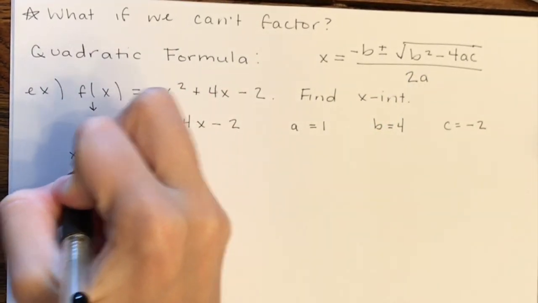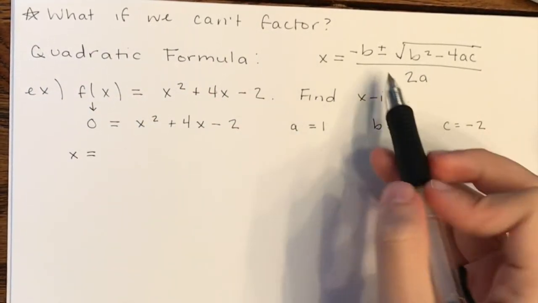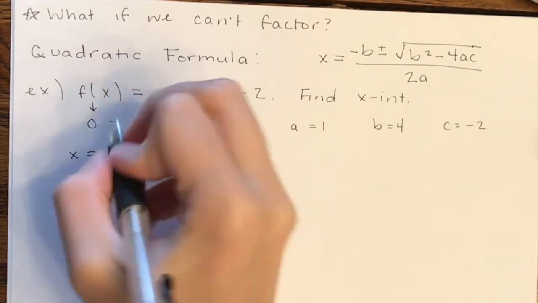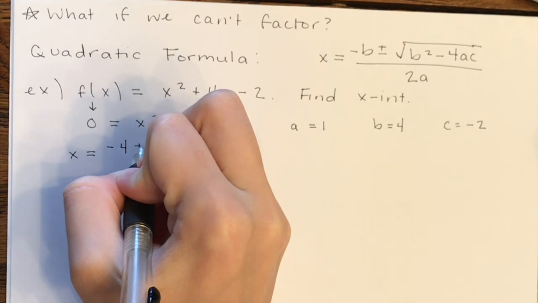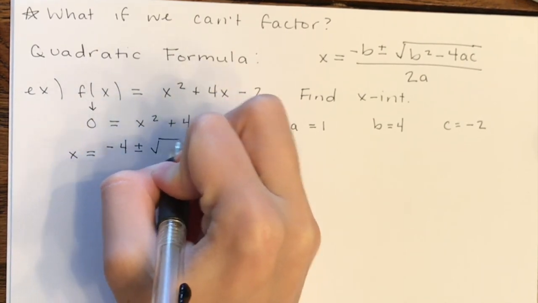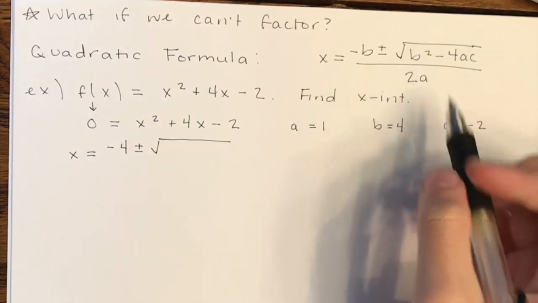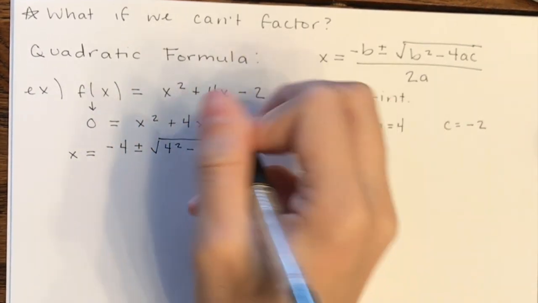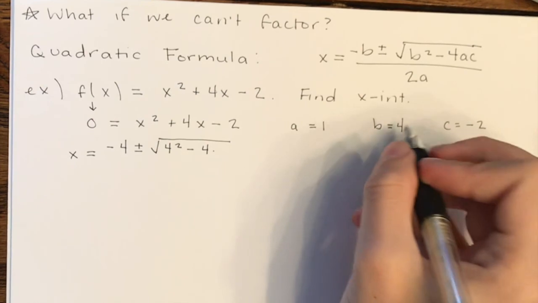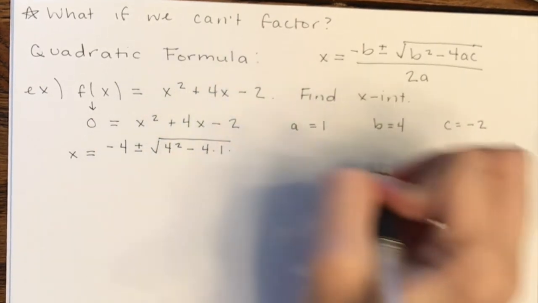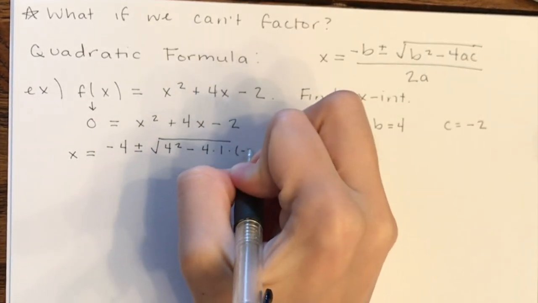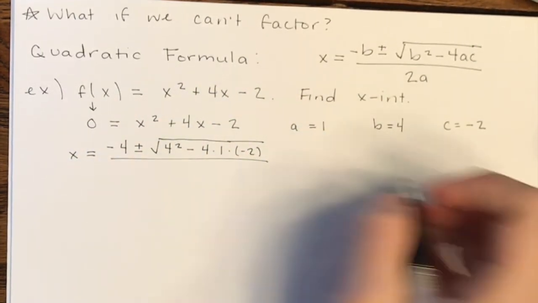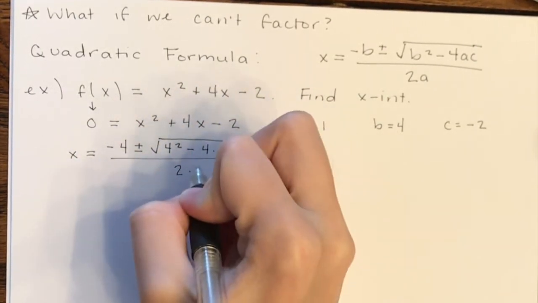So again, we have negative b. B is 4, so negative 4, plus or minus the square root of 4 squared minus 4 times a is 1, c is negative 2, all over 2 times a is 1.